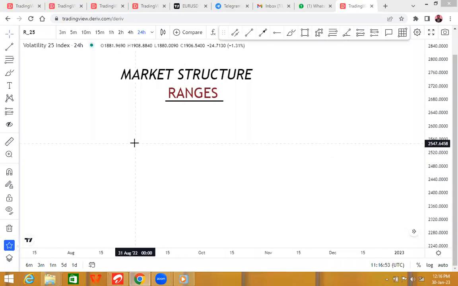All right, today we're looking at ranges. You know that we have two types of market structure, basically. As I said, the market is either buying or selling. But before price will move from being bullish to being bearish, there's always a consolidation phase.